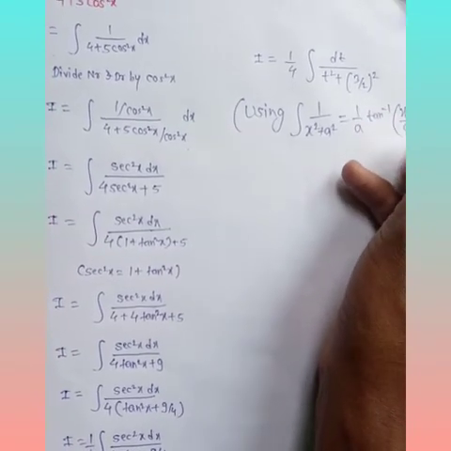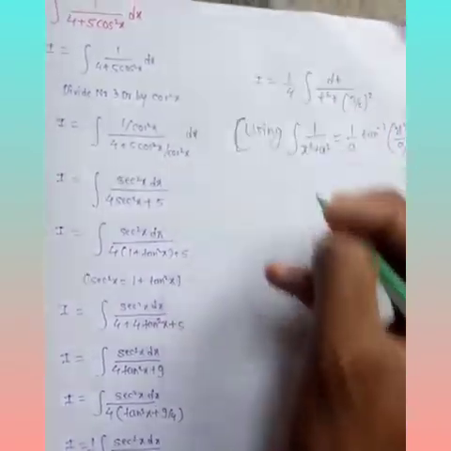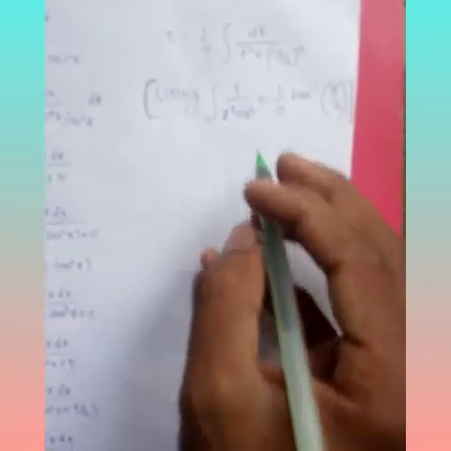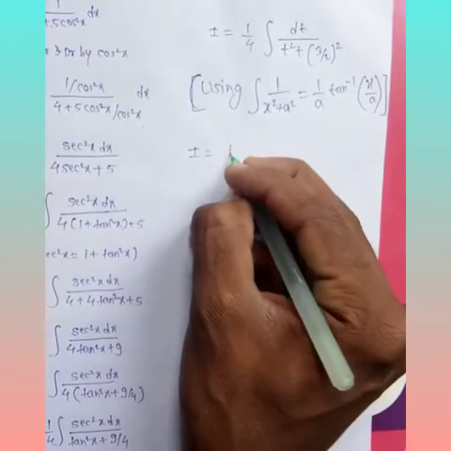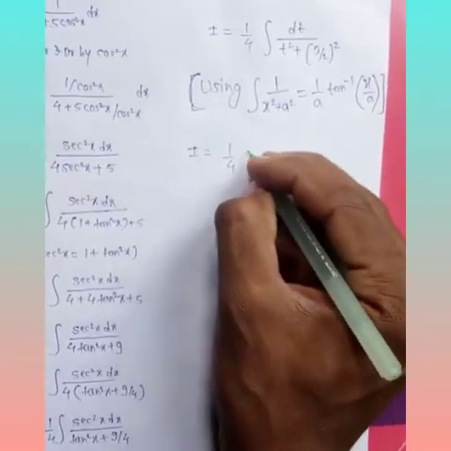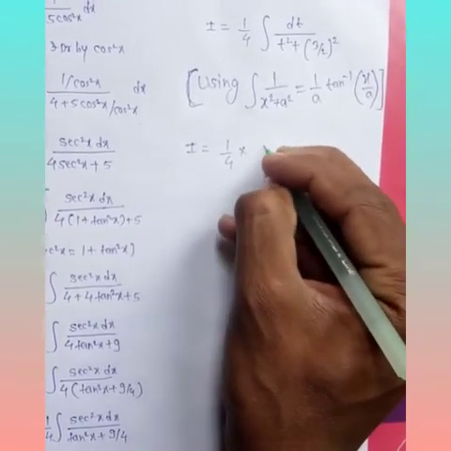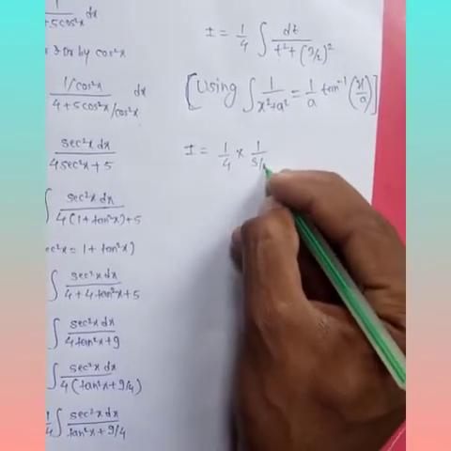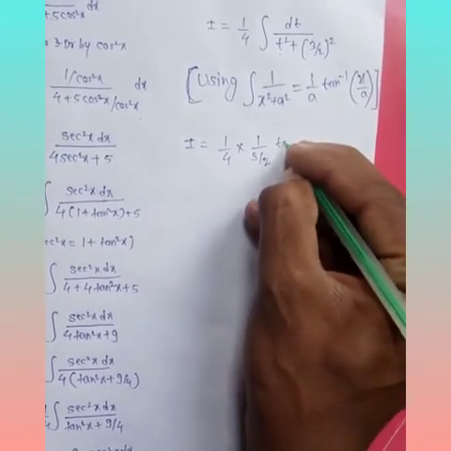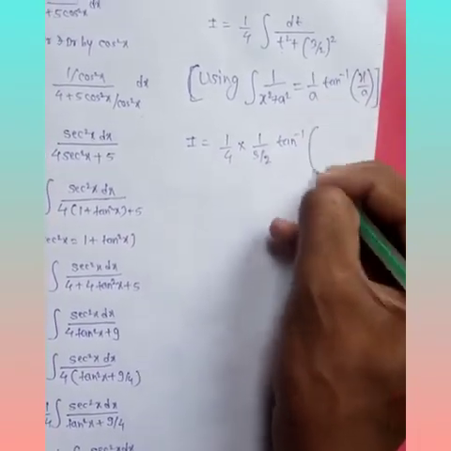Okay, so by applying this formula of integration we will get our final answer. So 1 by 4 into 1 by a. Here a is equal to 3 by 2 and x is equal to t. So 1 upon a means 1 upon 3 by 2 into tan inverse x upon a.